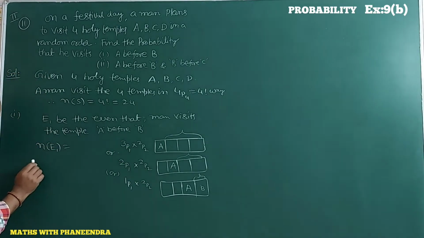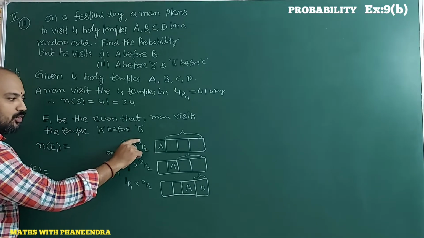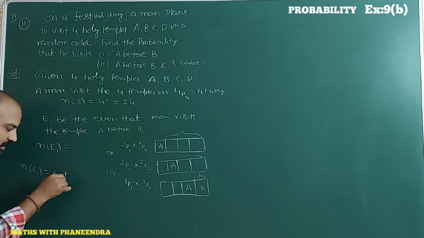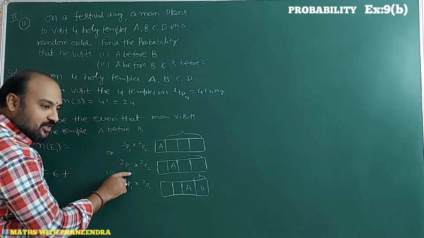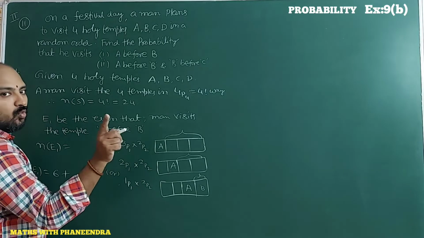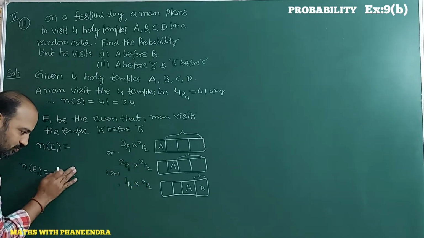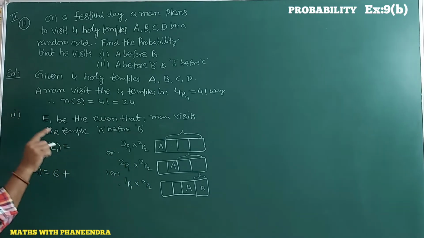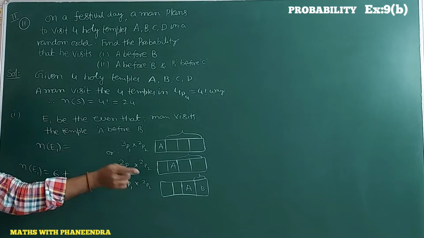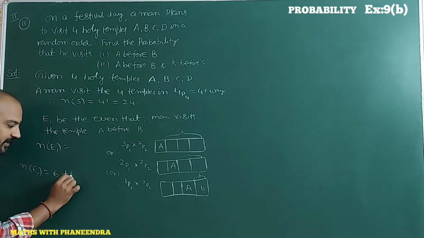So n of E1 is equal to 3P1 is 3 into 2P2 is 2. So 3 into 2, 6. Or means plus 2P1 is 2 into 2P2 is 2. Sorry, 2P2 is 2 factorial. nPr is n factorial by n minus r factorial. So 2 minus 2 factorial is 2. 2 into 2 is 4. We can write it like this.